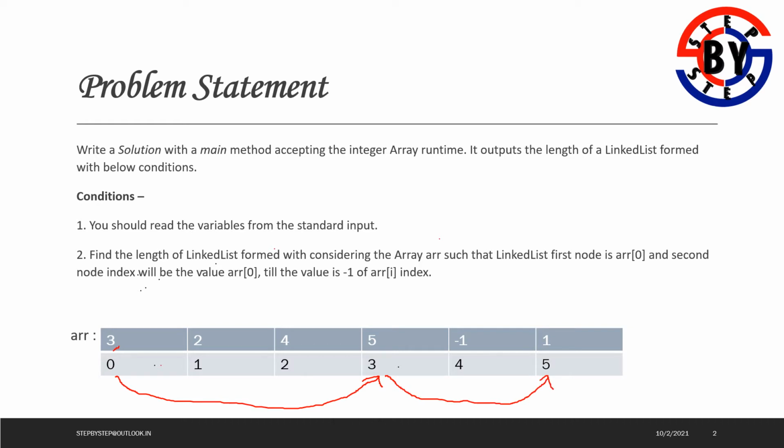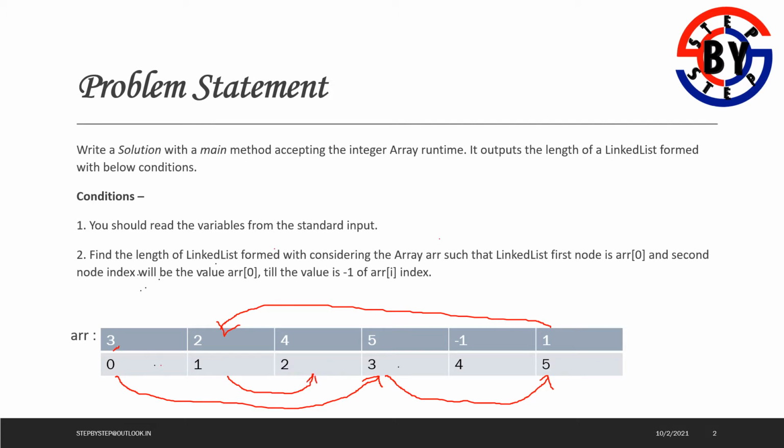So we now have 3, 5, 1, and now we need to go to the first location because 1 is mentioned here. Then the value becomes 2. Then we go to the second index because the value is 2, and the next value is 4.